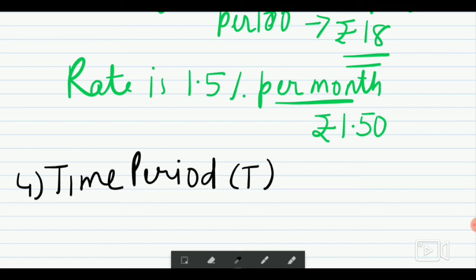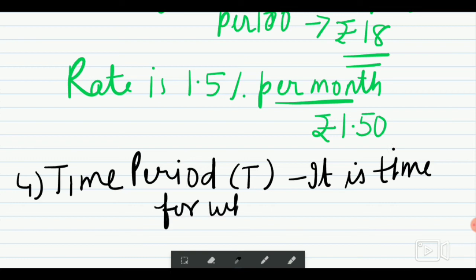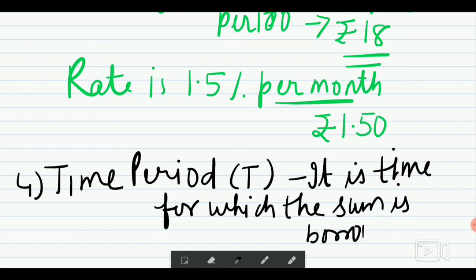We denote it as T. It is the time for which the principal, or the sum, is borrowed or lent. For how many years? For 2 years, 3 years, or 4 years.